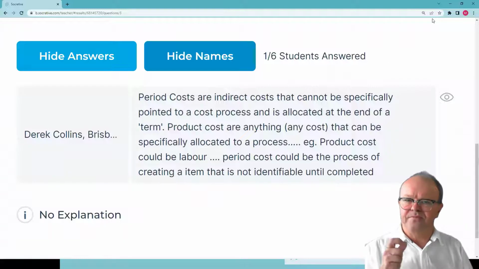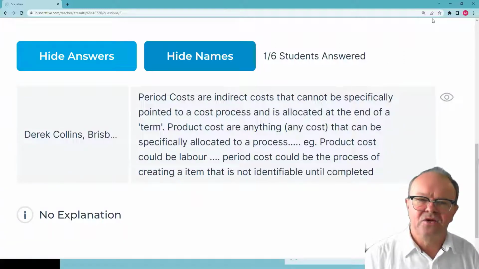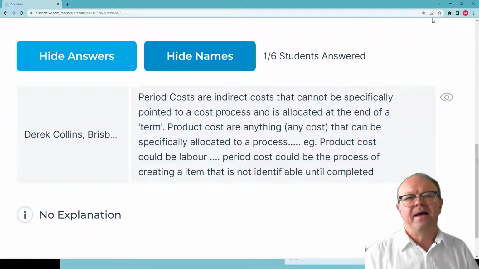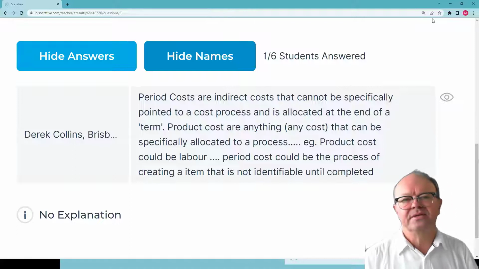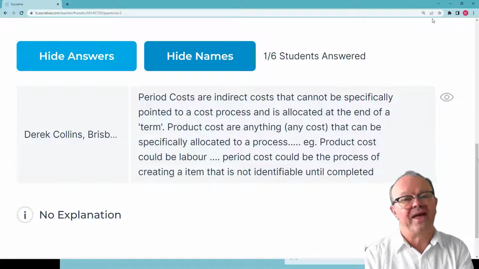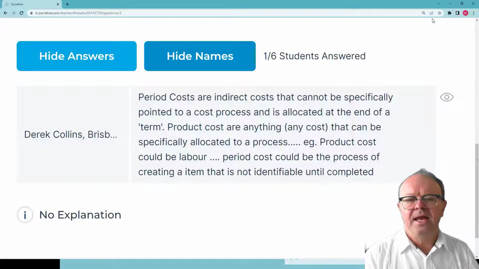We assume for period costs that they're used up in the year to make revenue for that year. So the CEO's salary, we just assume that whatever we paid that person has supported the revenue of that year.